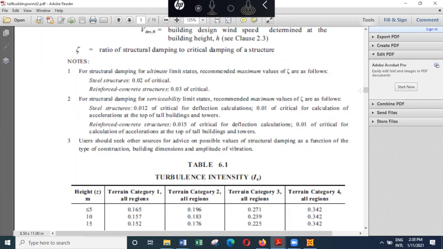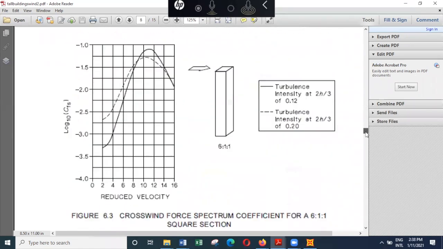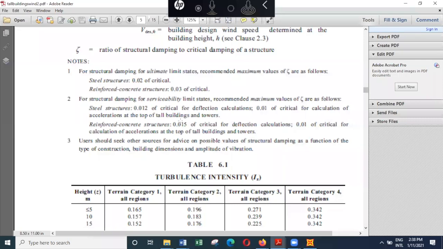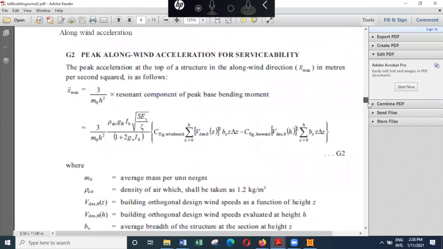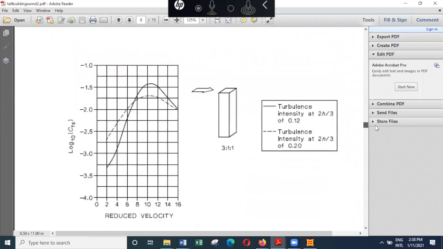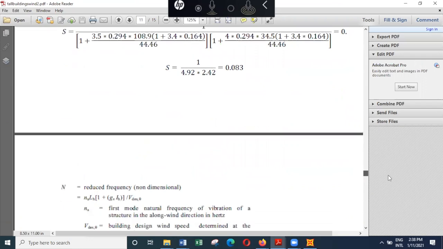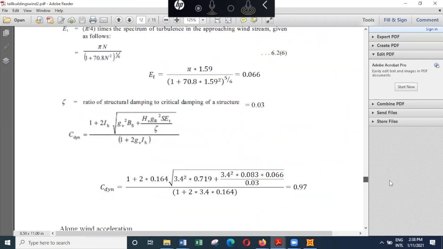So we have to use a value of 0.03 for the damping. If you are doing a calculation for static conditions, then we have to use a lesser value, as I explained earlier. So you'll get this value, 0.03 for damping.